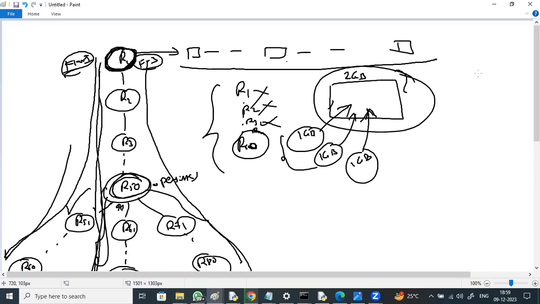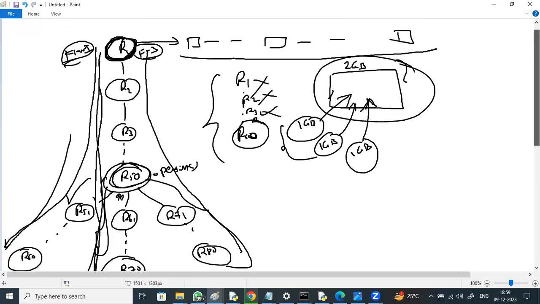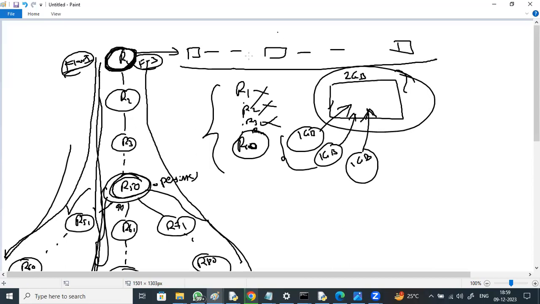Do you think all these 80 RDDs will be loaded into the RAM at a time? Think this size is 2 TB or 1 TB. Do you think maintaining 1 TB of RAM is a bigger task? Maintaining 1 TB of RAM for a single RDD itself is very difficult. If we load all these RDDs, there won't be that much RAM capacity.